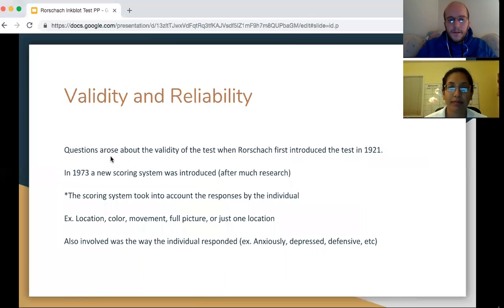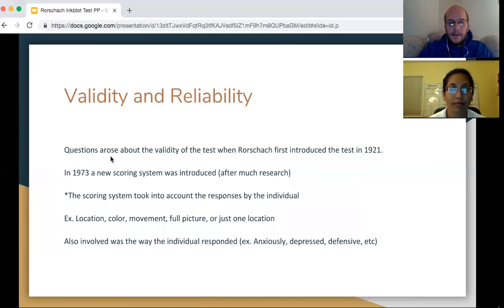With regards to the validity and reliability of the Inkblot test, questions arose about the validity when Rorschach first introduced the test in 1921, because there wasn't really a comprehensive system that they could score the test on. It was just based upon the interpretation of the psychologist who administered the test.